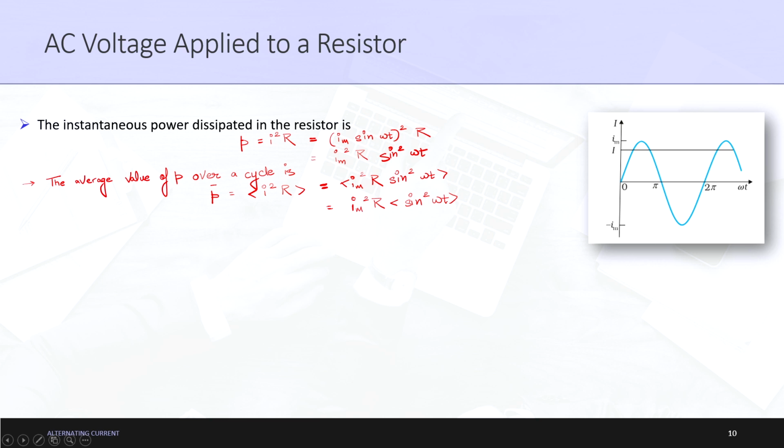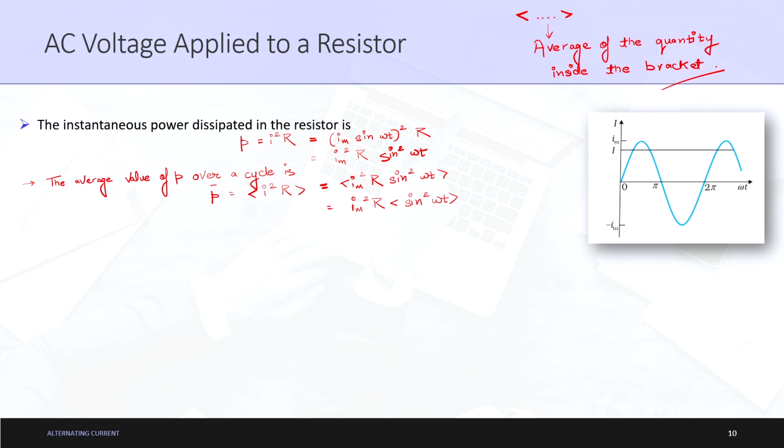Okay. Now, first of all let me try to make you understand what this sign is. Anything which is written in this bracket denotes the average of the quantity inside the bracket.